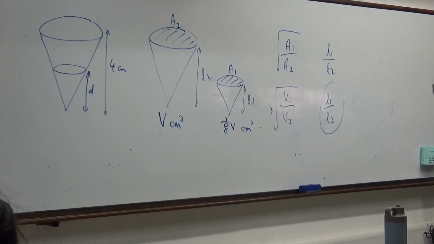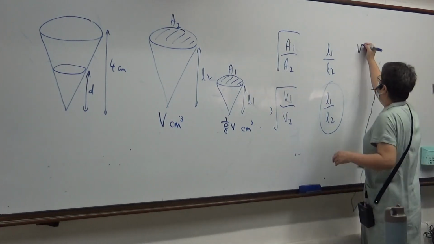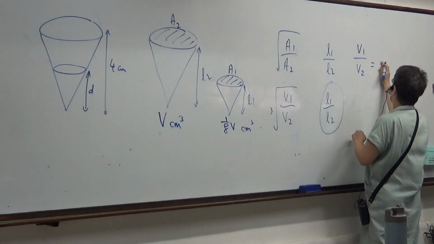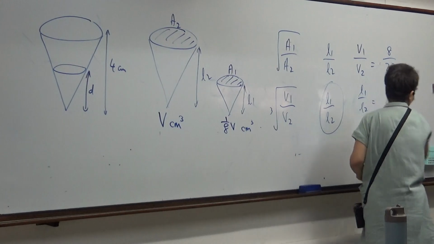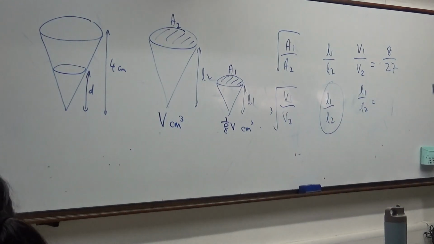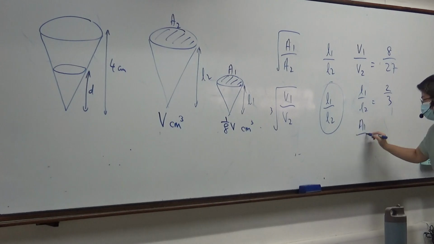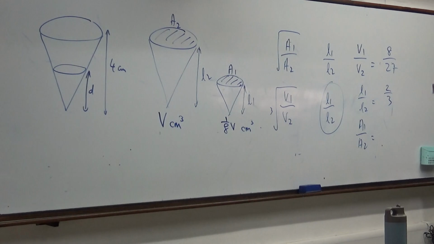Now, if I give you V1 over V2 is 8 over 27, what is L1 over L2? Focus for me. Cube root, right? So we come up with 2 over 3. Then I want to ask, what is A1 over A2? I square this, so 4 over 9.